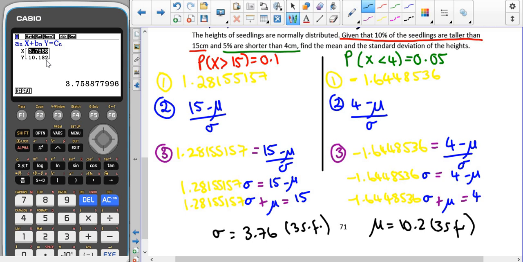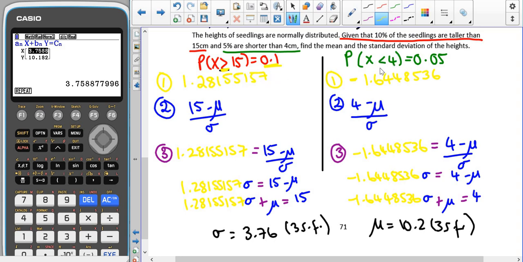So hopefully you paused the video and gave the rest of the now you try question a go. So for our step 1, for our x is more than 15 equals 0.1. So in our inverse normal, our tail is going to the right. Our area is 0.1, which gives us 1.28155157.